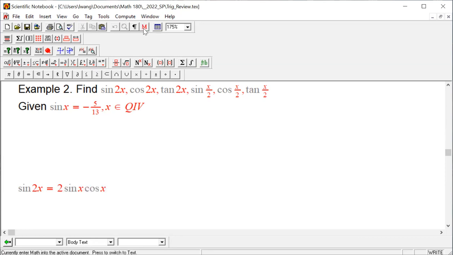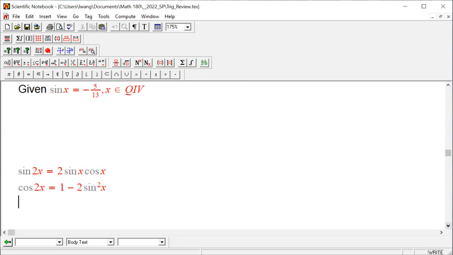And for cosine 2x, this time I'm going to choose the formula with sine x squared, because we know sine x first, so it's just much easier. Tangent x, half x and all these angles can be found pretty handily if we can find sine x and cosine x. From our previous experience, tangent 2x will just equal sine 2x over cosine 2x.